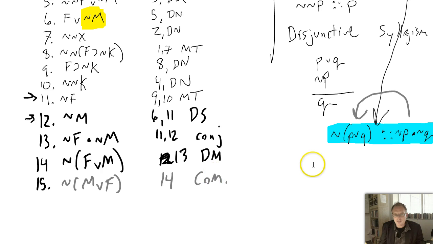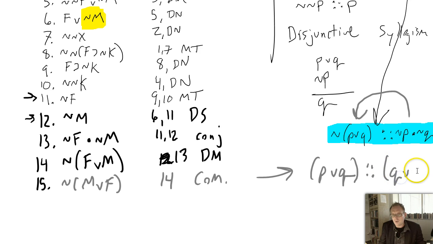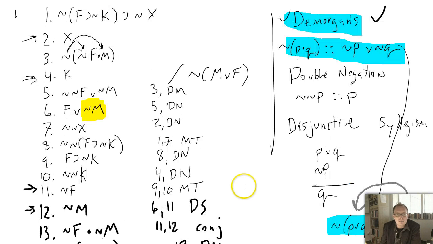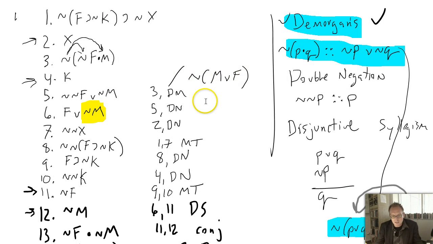Because remember, a commutation looks like this, just to give you the rundown: P or Q is logically equivalent to saying that you have Q or P. And since it's a rule of replacement, I can just replace this with this and I don't lose any of my logical validity. This was my P and this was my Q, and I just reversed the order and completed a commutation, which then of course leaves us with the conclusion.